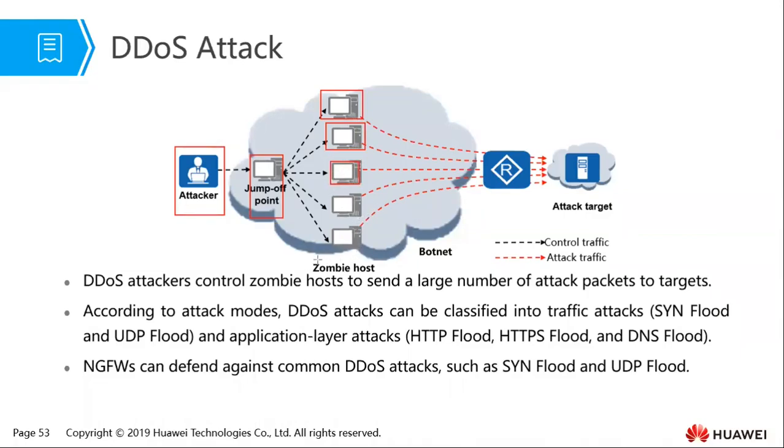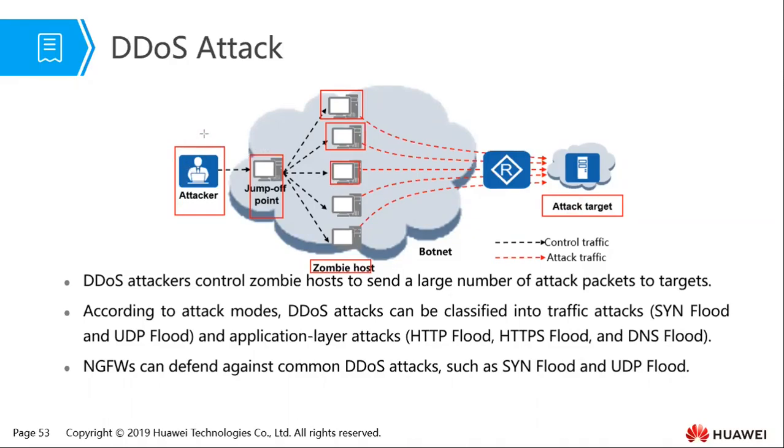These computers are known as zombie hosts because they are not even aware that they are under attack and are being used for an attack. They are being used so that all of them can send packets to a particular attack target.